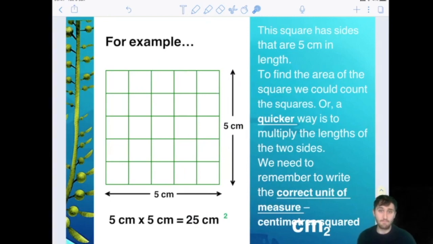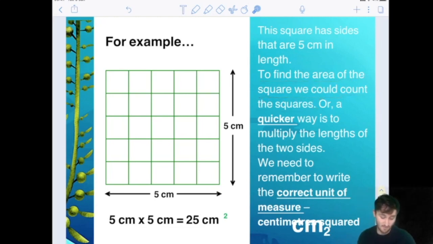So for example, this square has sides that are 5 centimetres in length. So you can see it's got 1, 2, 3, 4, 5 centimetres here, and 1, 2, 3, 4, 5 centimetres here. So to find the area of the square, we could count the squares.